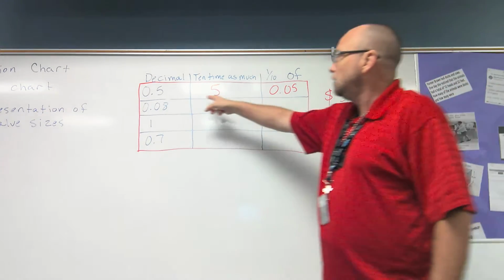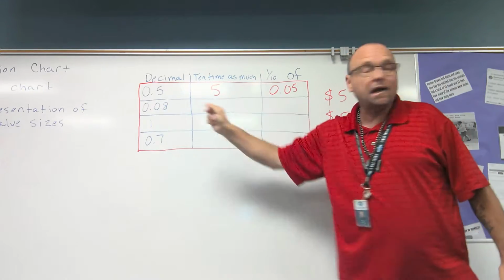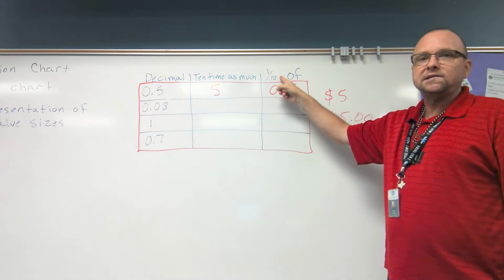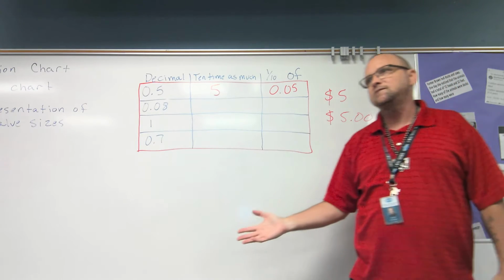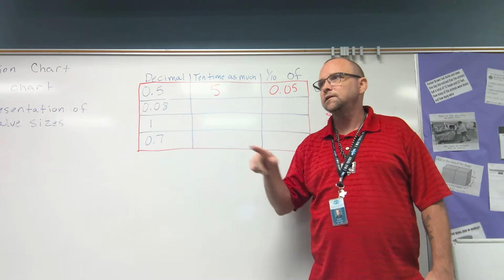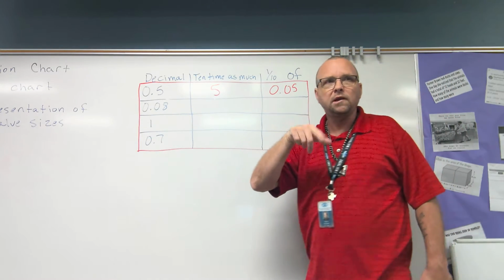So here, when I multiplied by 10, I just moved the decimal point to the right one time. That makes it 10 times bigger. Here, 1/10 is the same as dividing by 10. And you know that because if I said, what's half of $26? You would divide 26 by 2 because it's 1/2. The denominator's 2.